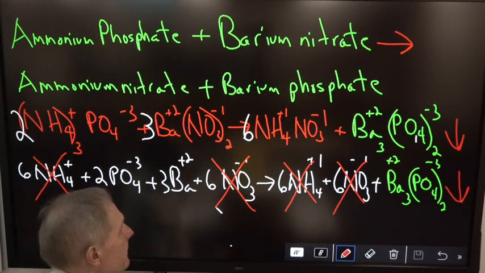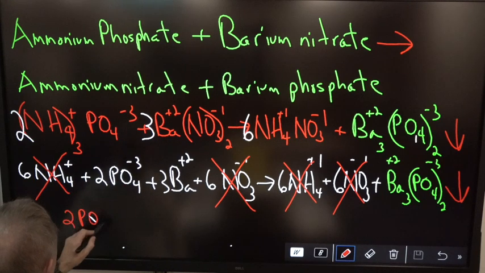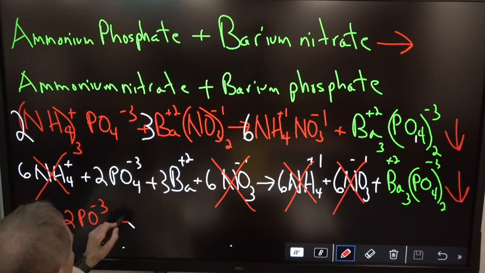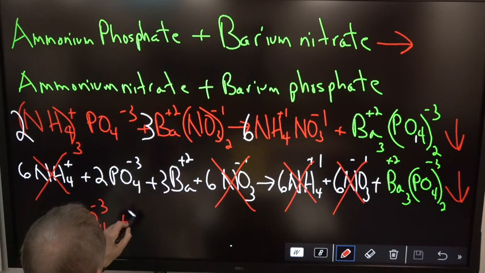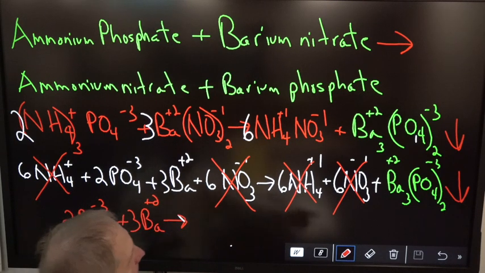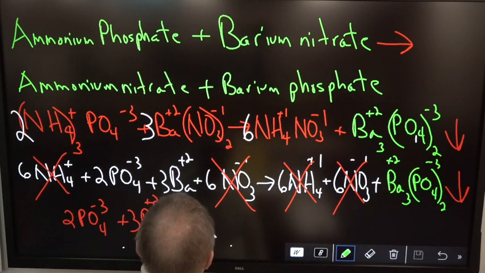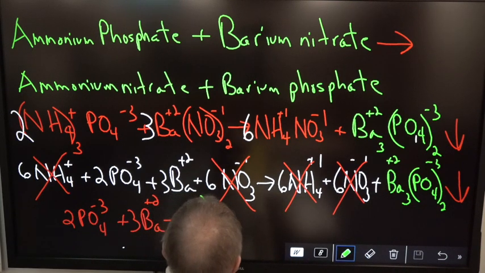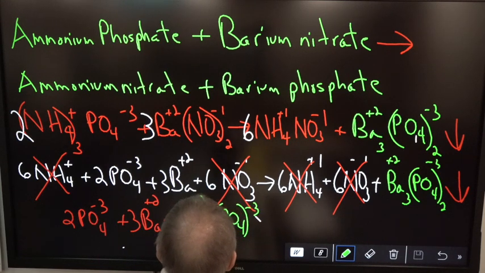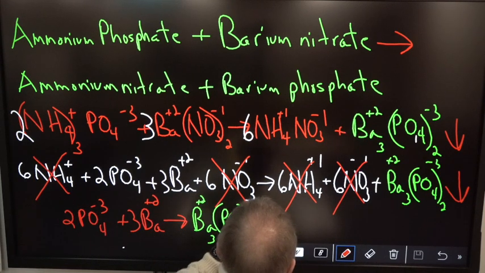So the final reaction is 2 PO4 minus 3, plus 3 Ba plus 2, yields Ba plus 2, PO4 minus 3, so we crisscross, 3, 2, and don't forget, arrow down.